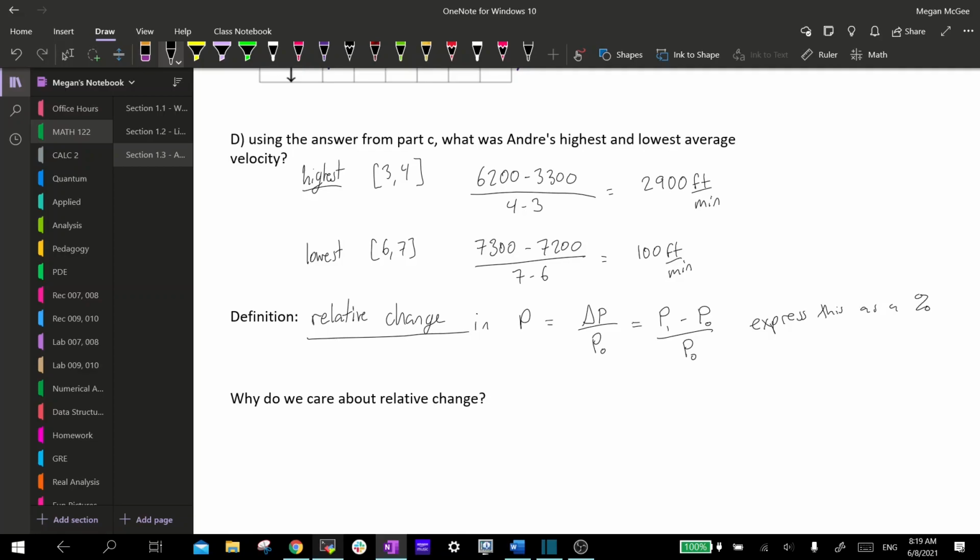So this is why we care about relative change. We're going to think about two different populations increasing by 1,000. Which one is affected more is essentially what we're trying to find.